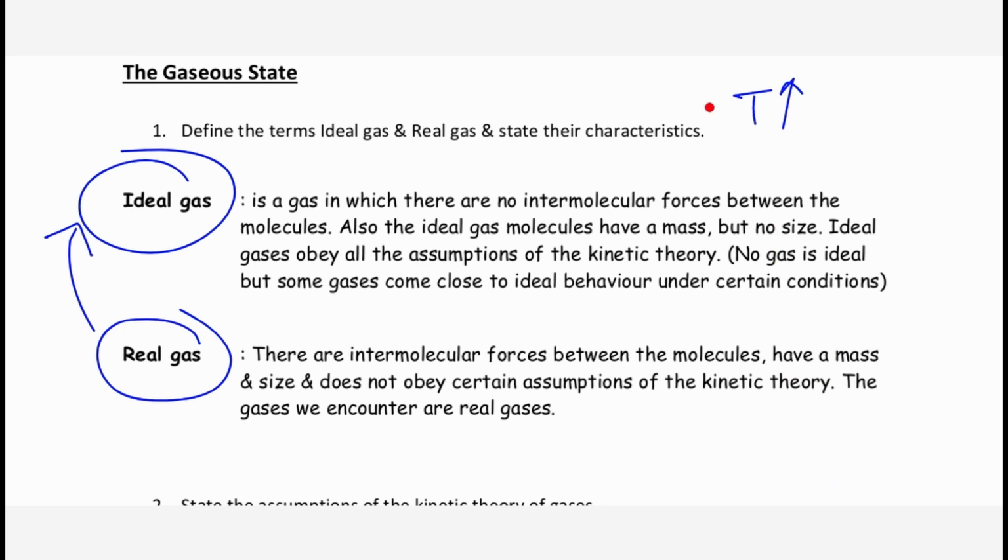So under very high temperature, the real gases will come close to ideal. It is not 100% ideal, but it will come close to ideal behavior because intermolecular attractions become negligible when the temperature is very high.